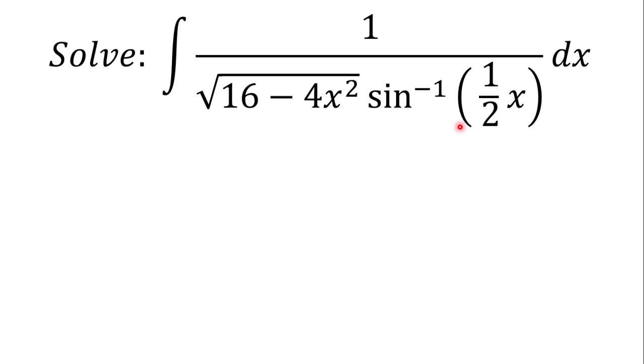That is, you'll be thinking it is very difficult to tackle, because even sine inverse of 1 over 2x is not all that easy to integrate. And here is the case we are having square root of 16 minus 4x squared being multiplied by sine inverse of 1 over 2.